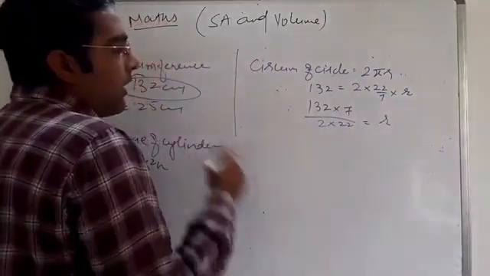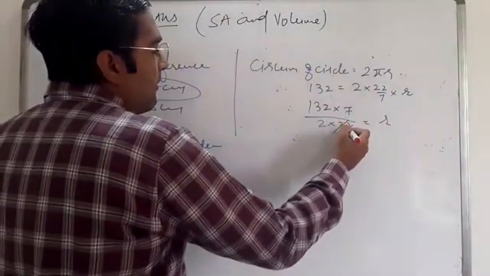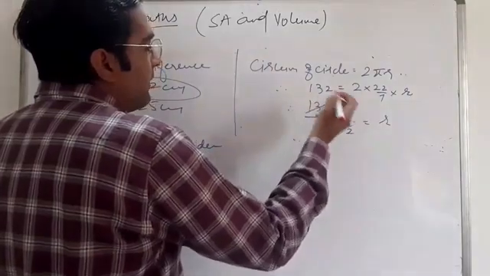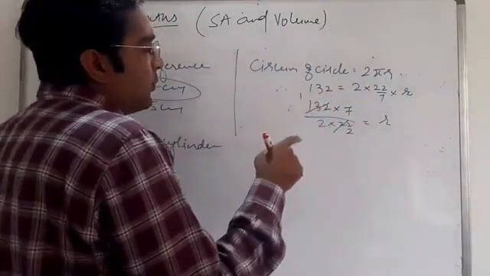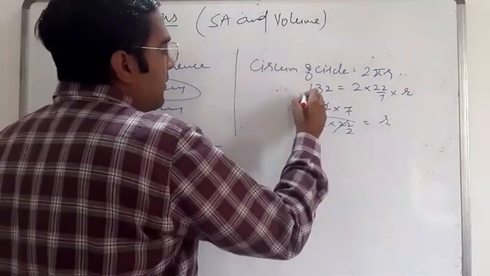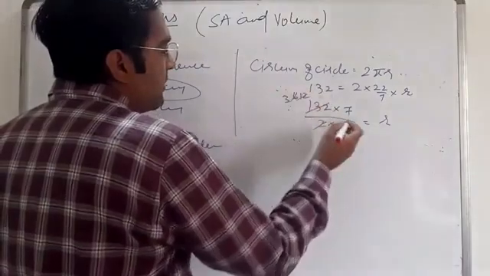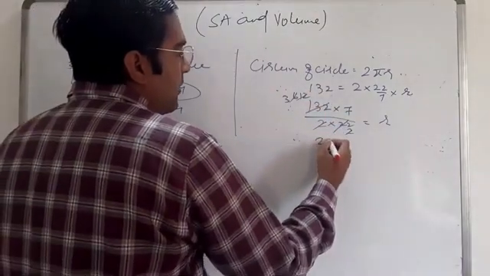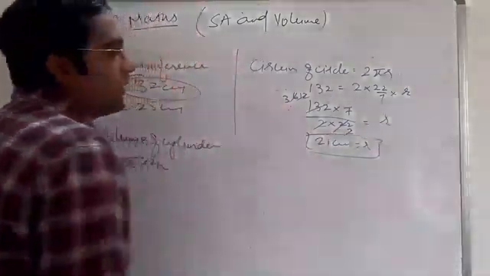Now I'll take cancellation. 11 2s are 22, 2 6s are 12 and 2 3s are 6, that is 7 3s are 21 centimeter, that is my radius of the cylinder.